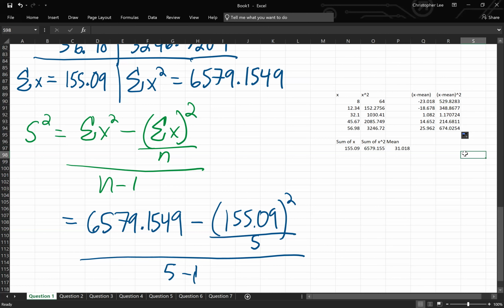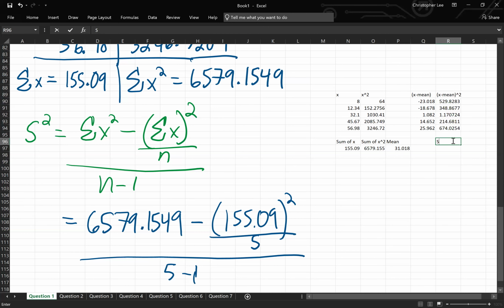So squaring all of those terms, I have 529.8283, 348.8677, 1.170724, 214.6811, 674.0254. After you get that, you have to add all of those numbers together, right?